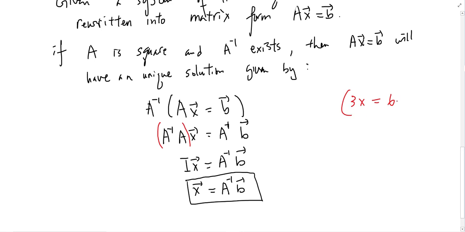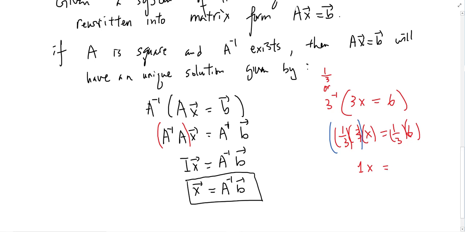You would multiply by the inverse of 3, which is 3 inverse, or more properly written, 1/3. And then when you have these three things multiplied together, you would group the first two to multiply together first, because the associative property allows you to do that, and it gives you 1.